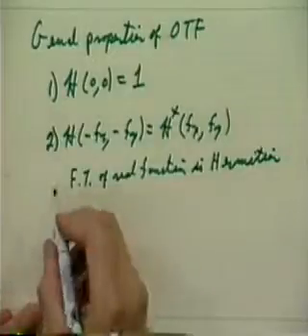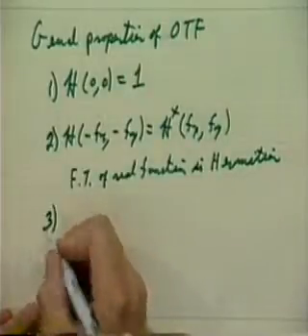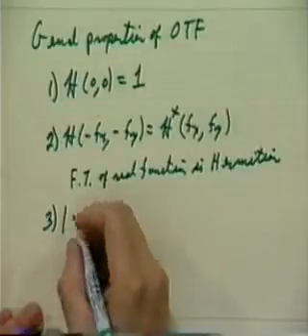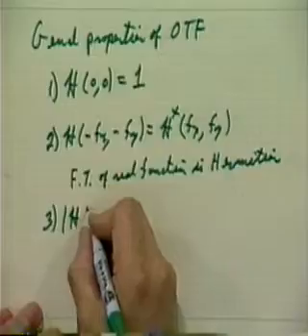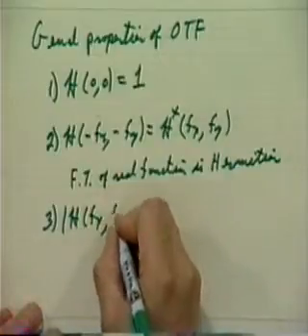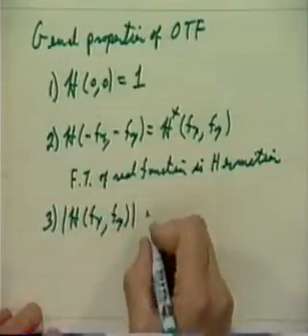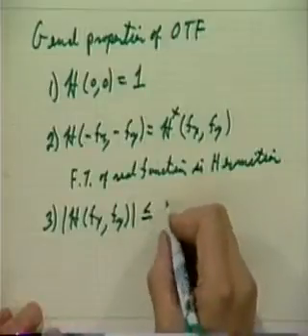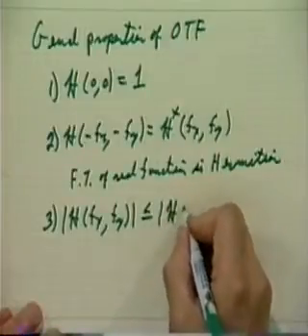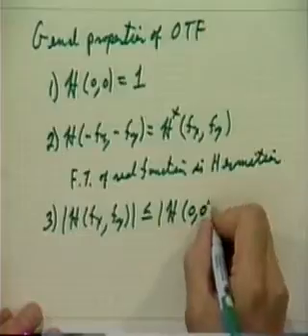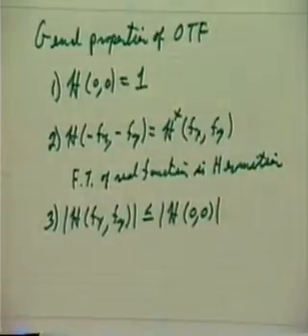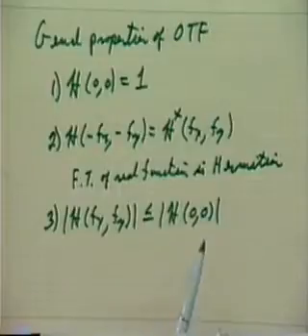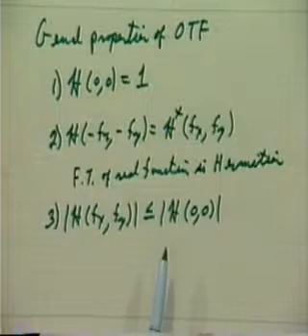Okay. The third one is that the magnitude of H of some frequency f sub x, f sub y, is less than or equal to the magnitude at zero spatial frequency. And if you go to Goodman's book, I think he has a derivation in there using Schwarz's inequality, showing that this is true.